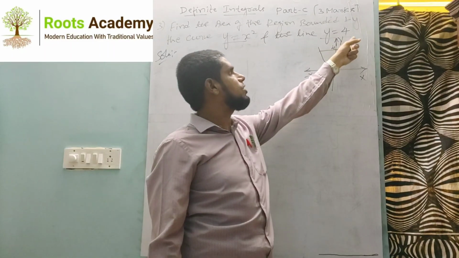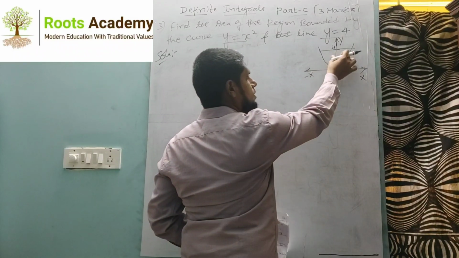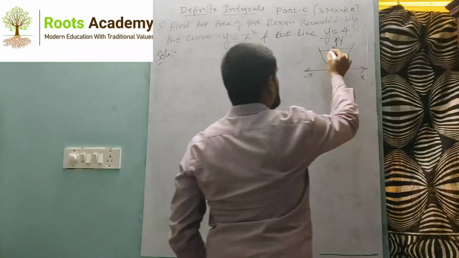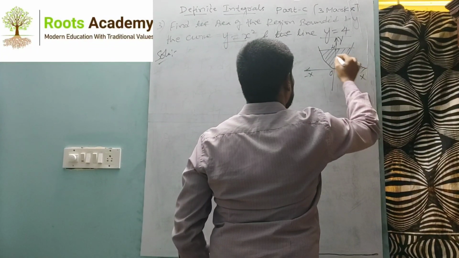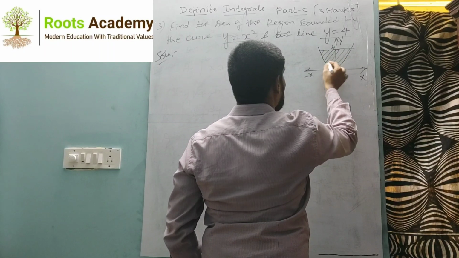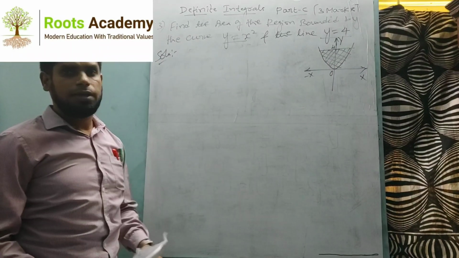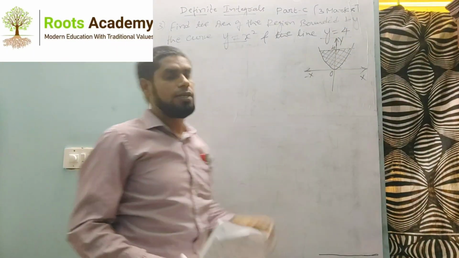They have not mentioned the quadrant here, so it means both the portions are my required region, and I should find the area of this particular region.